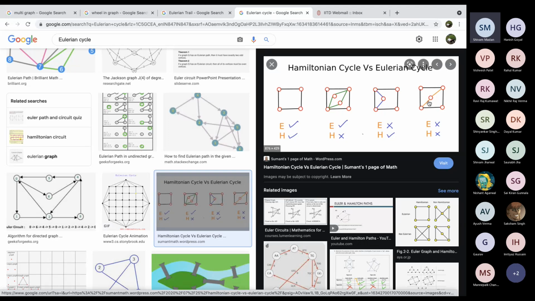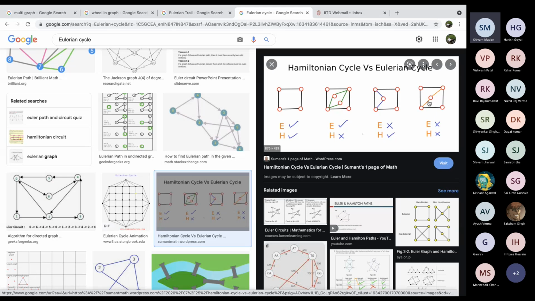So when you want to prove that a graph is Hamiltonian or Eulerian, it is easy to find. Just find one Hamiltonian cycle, or find one Eulerian trail, right? So then you are done. But when you say that this graph is not Eulerian or not Hamiltonian, you cannot just say you cannot find a cycle. You have to prove it, right?